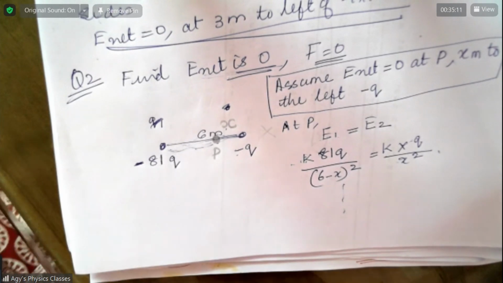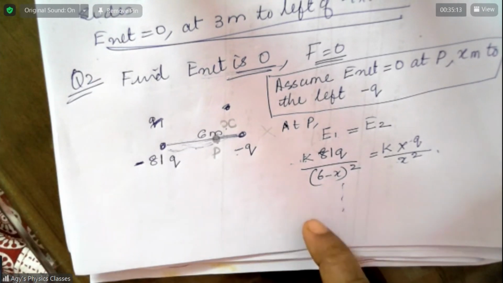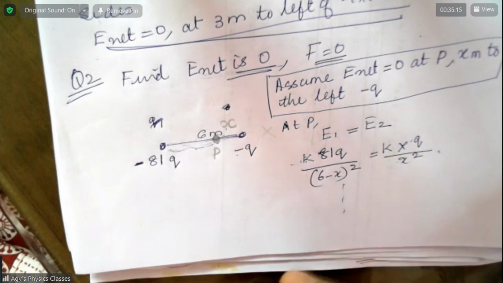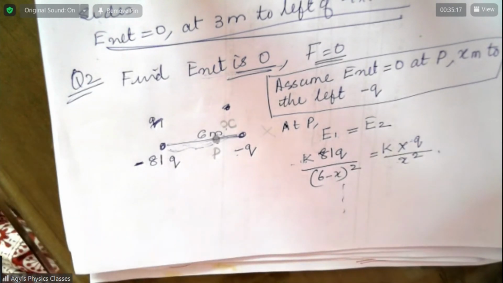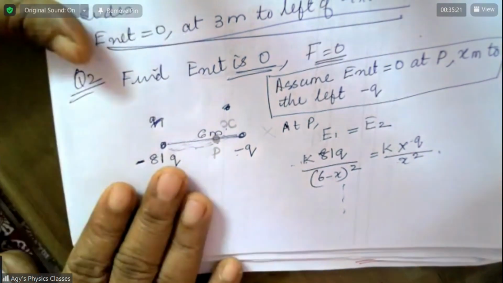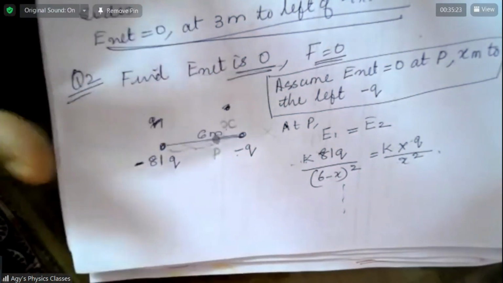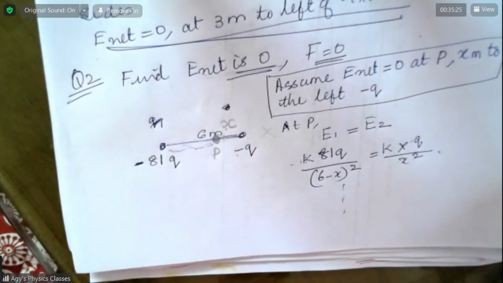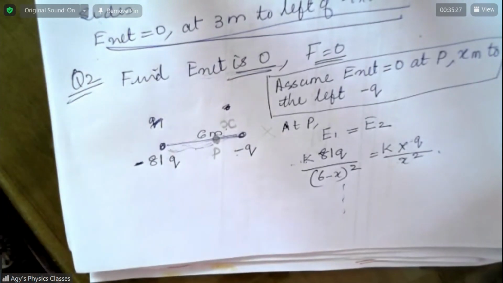Now you know what to do. Find the square root and get the answer. So these two questions, you do it without seeing and send it to me today itself. Today.